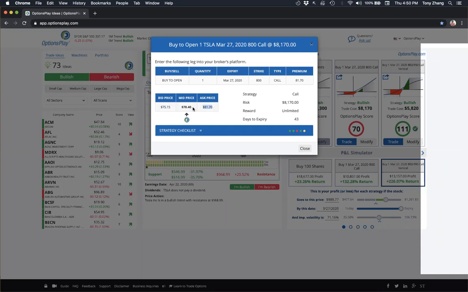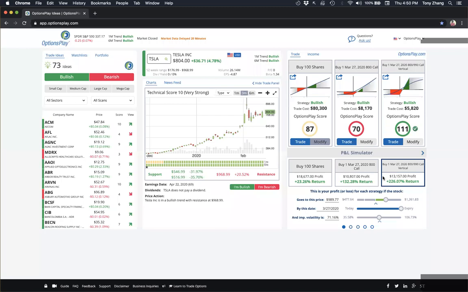Because this is such a high-priced option, 5 cents is probably not going to cut it. At 78.40, you'll probably have to place a bid around 79 bucks, 60 cents off of that price. But 60 cents is relative considering how pricey this option is. That's how I would start if I was buying a Tesla call option.